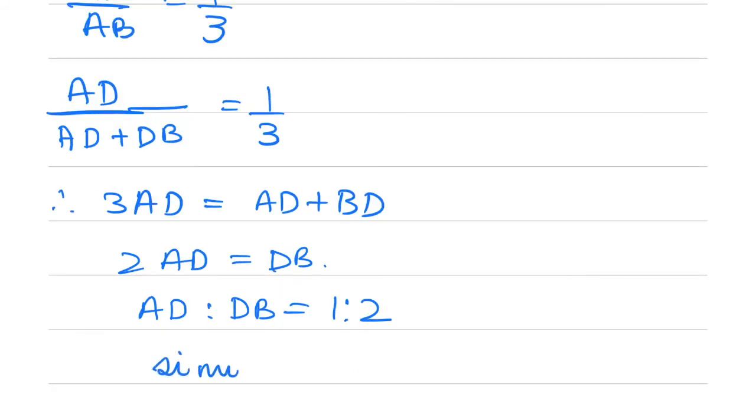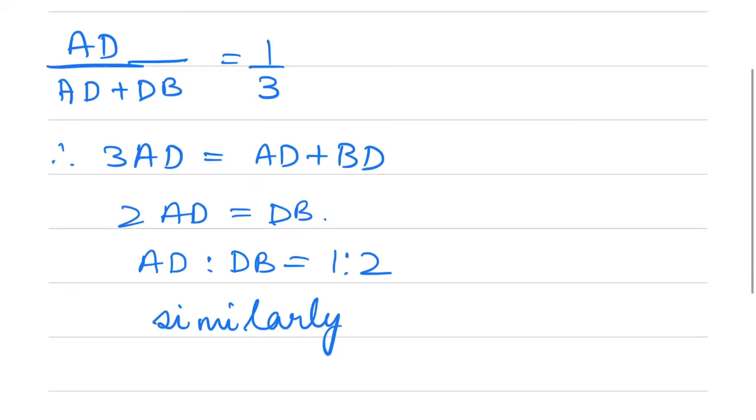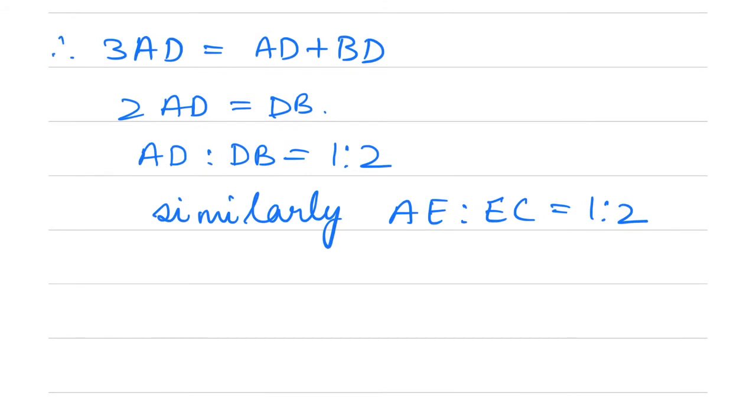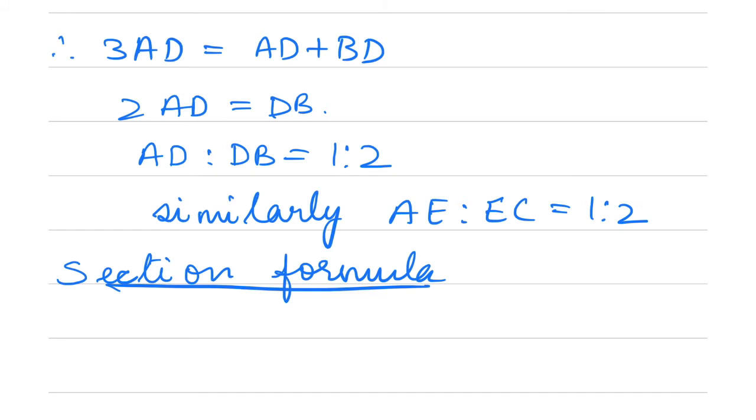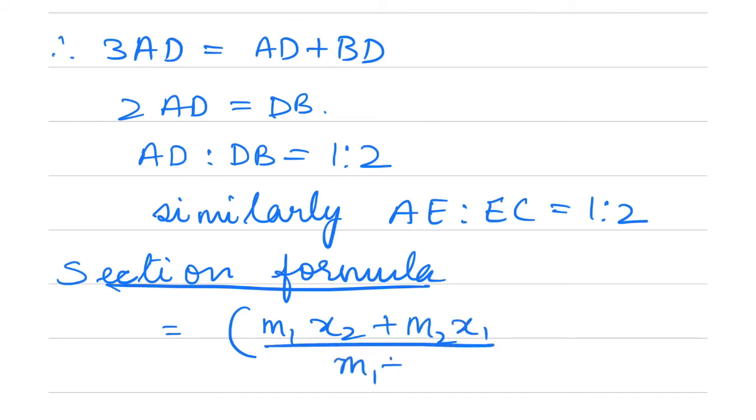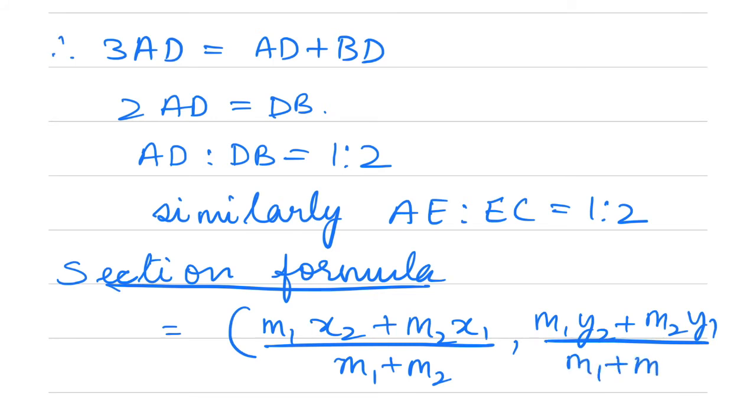Similarly, we'll have the ratio of AE is to EC also equal to 1:2. So now we can use the section formula to find the coordinates of D and E. The section formula is (m1 x2 plus m2 x1) by (m1 plus m2) and (m1 y2 plus m2 y1) by (m1 plus m2).